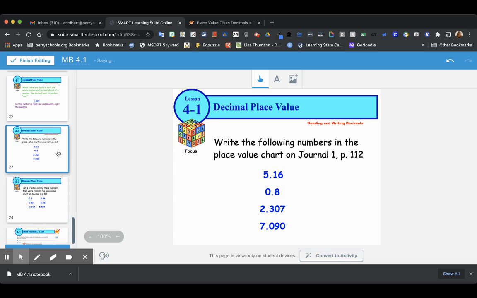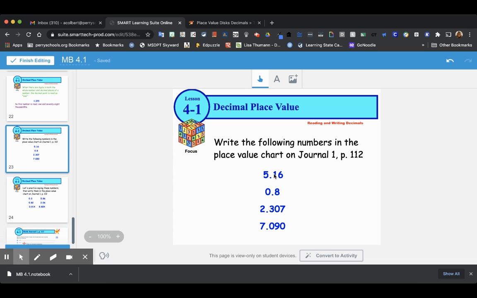So in that same place value chart on page 112, I want you to write the following numbers there. We've got 5.16, 0.8, 2.307, and 7.090.